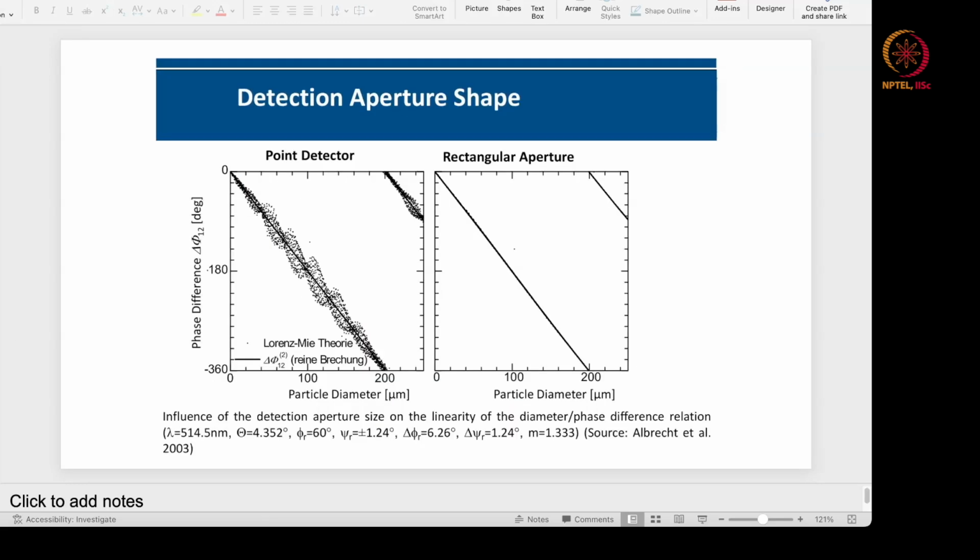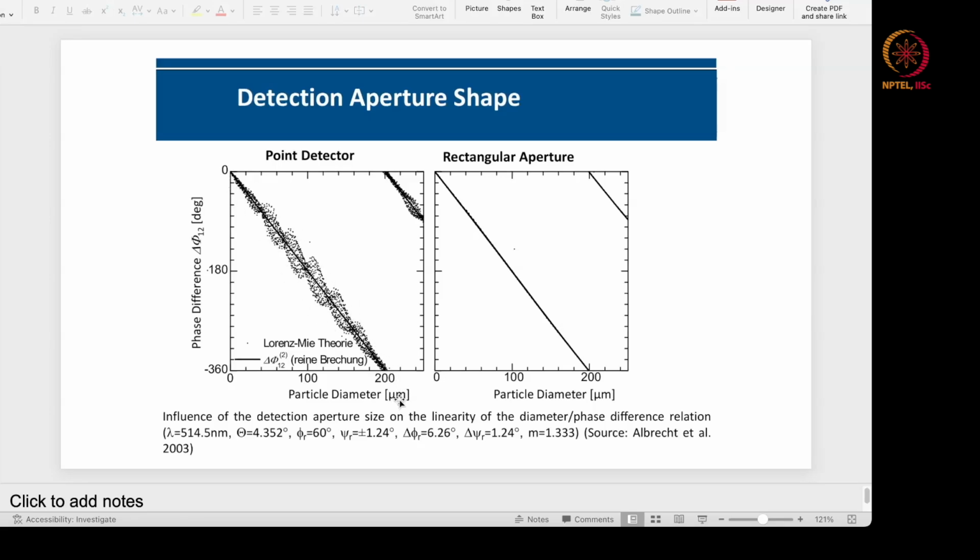The aperture shape also matters. In this particular case, for example, this is the influence of the detection aperture size on the linearity of the diameter and phase difference relationship. This is the phase difference phi 1,2, and this is the particle diameter. This is a point detector, and this is a rectangular aperture, and these are from the Lorenz-Mie theory.